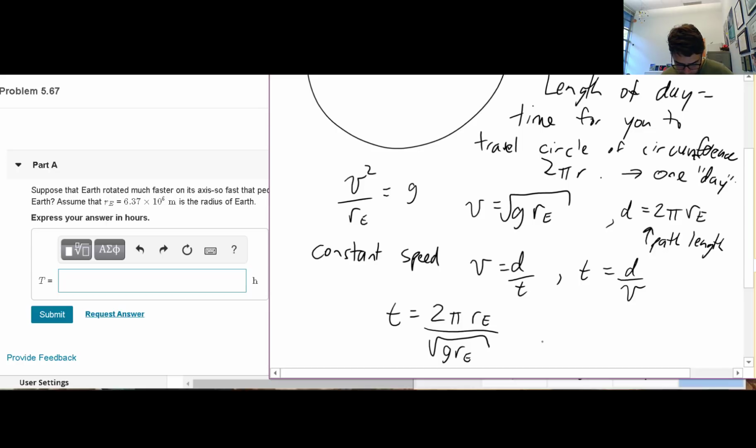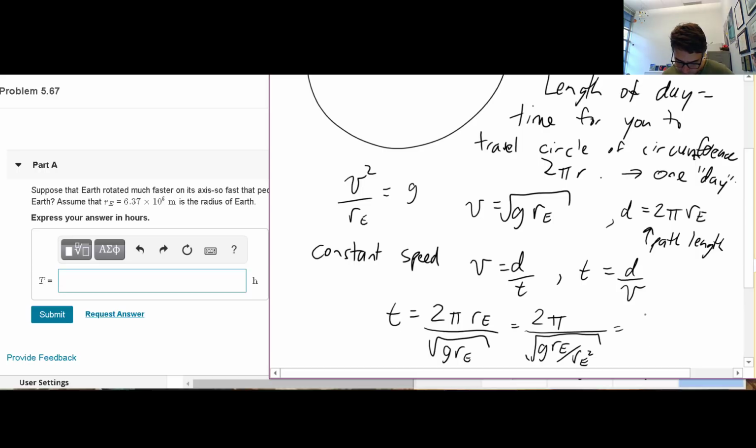Okay, so there's square root of r sub e here. So one way you can get rid of the r sub e's is you go 2 pi divided by, so you can, I guess, divide top and bottom by re, and when that comes into the square root, you get g times re divided by re squared.